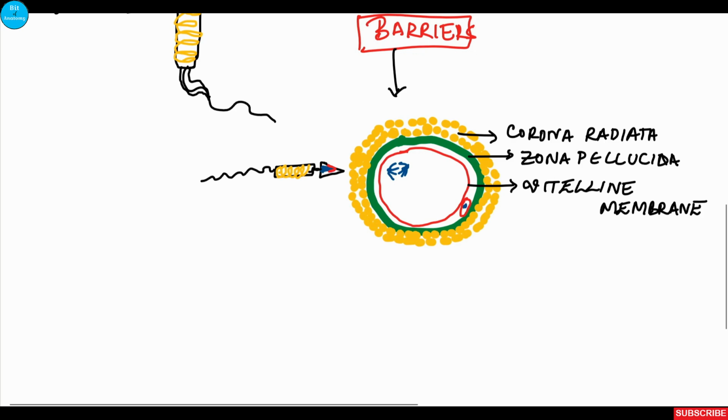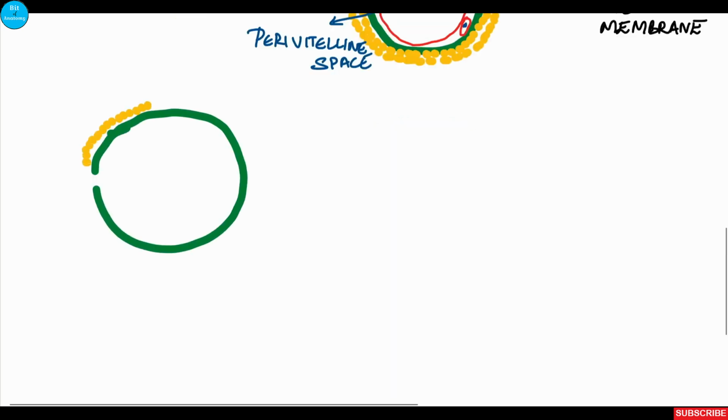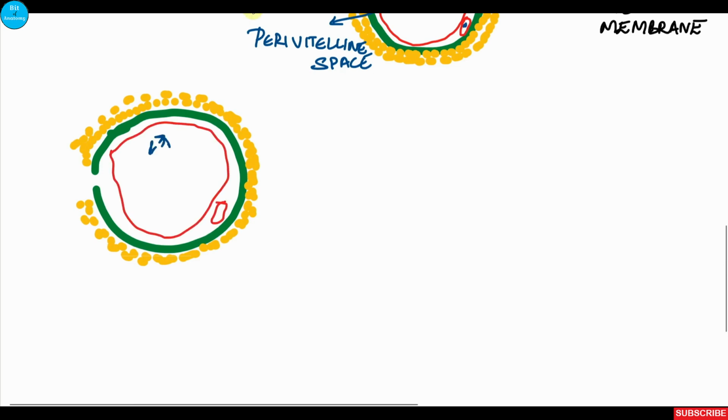There will be the acrosome reaction and release of hyaluronidase, which disrupts the corona radiata. Once the sperm comes in contact with the zona pellucida, there is a species-specific zona reaction. After this zona reaction, the sperm will enter the perivitelline space. Once the sperm enters the perivitelline space, the cell membrane of the sperm comes in contact with the cell membrane of the secondary oocyte.